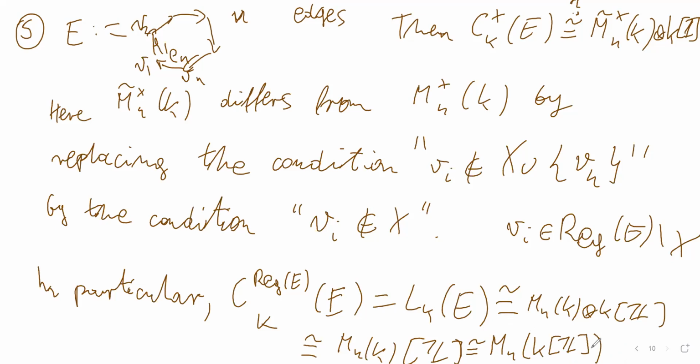For the Leavitt algebra, it's a fact that if your simple path closes into a loop, then after you do, say, the C-star completion, the graph C-star algebra will be just continuous functions on the circle, but with values in n by n matrices.